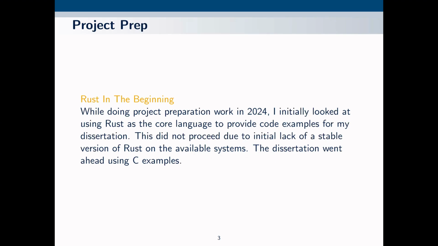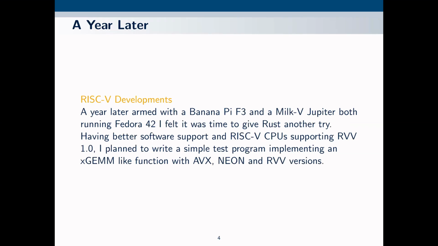So a year ago, in preparation for my dissertation, I looked at using Rust as a core language for examples, but with the RISC-V systems that I had available to me, Rust was not particularly stable, so I used C. Moving on a year to around Easter time this year, I had a Banana Pi F3 running Fedora 42, and Rust was running very nicely on this, so I thought I'd give it another go.